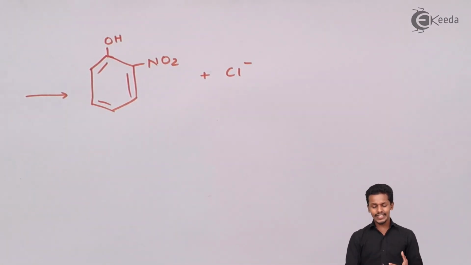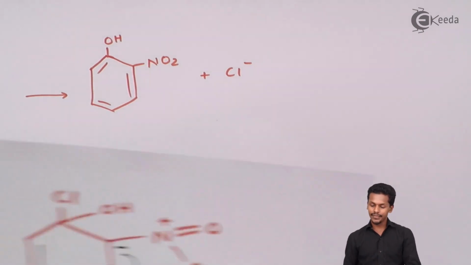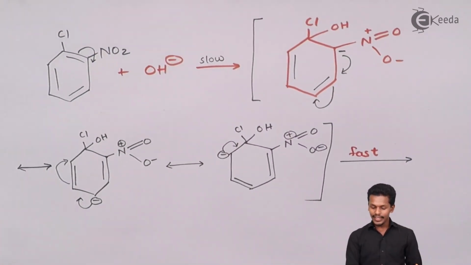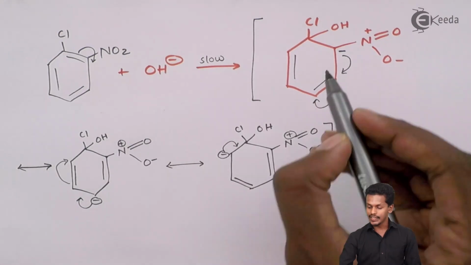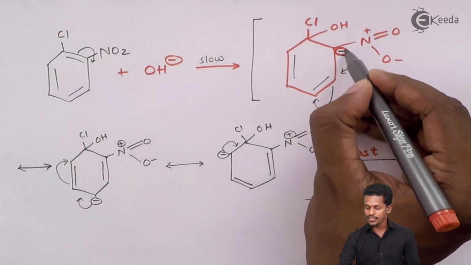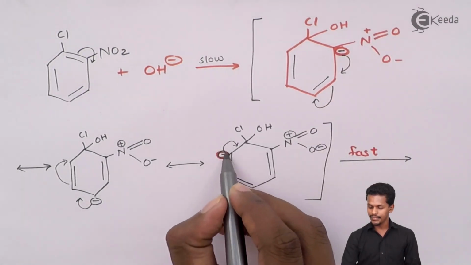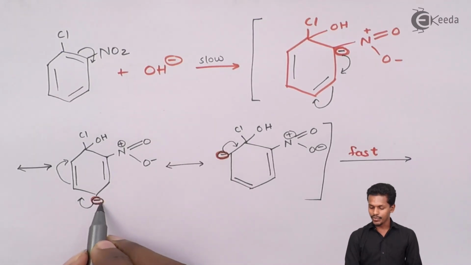So why does this benzene ring get activated because of the nitro group? If you observe in the resonating structure itself, we could find the negatively charged species present at the ortho position over here, as you could see, as well as on the para position.